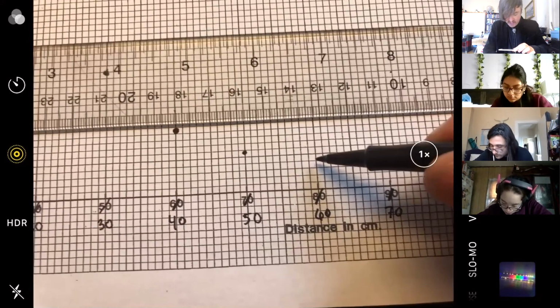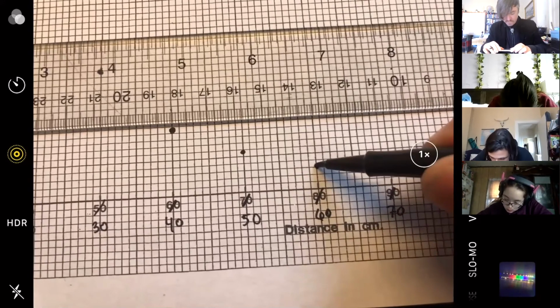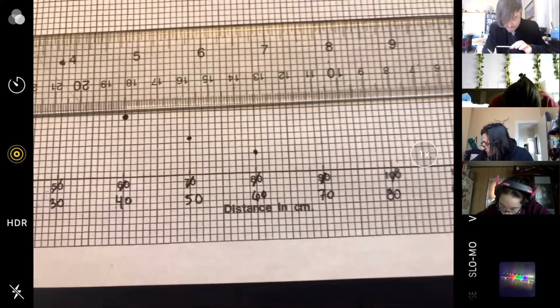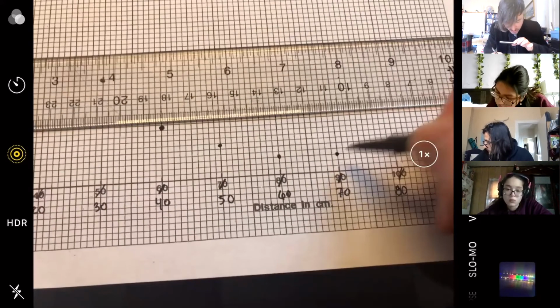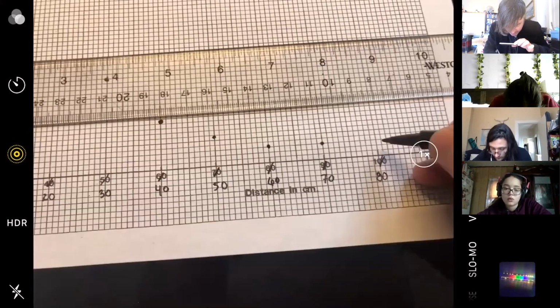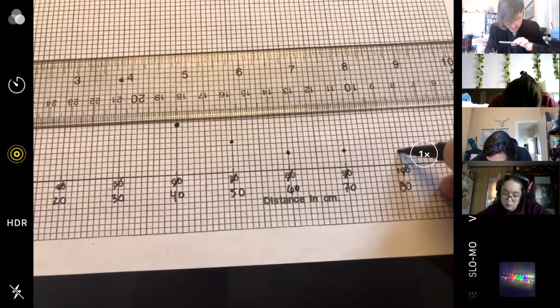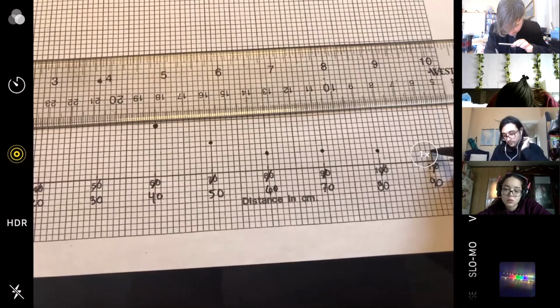That's 16, and that's 12, correct? 70? 12 again, right? Now 9 at 80, that's 8. So 9 should be right about there. And 7 should be just above 6, 4, or just below 8.